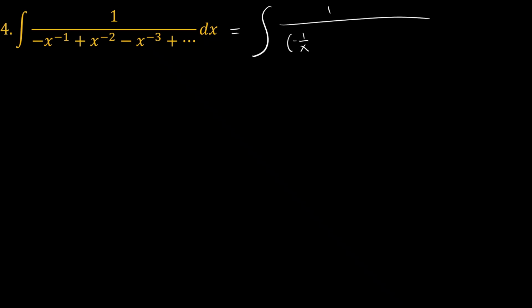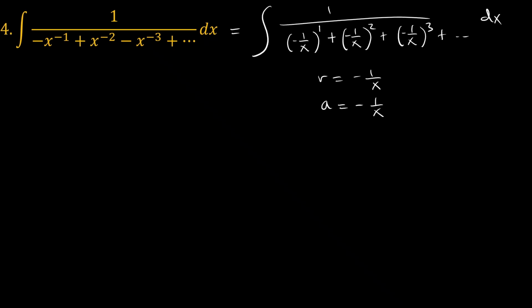Negative 1 over x plus negative 1 over x, so this is the power 1, this is the power 2, plus negative 1 over x to the power 3, and so on and so on. So we have a geometric progression with a common ratio being equal to negative 1 over x, and the first value is equal to negative 1 over x, right?